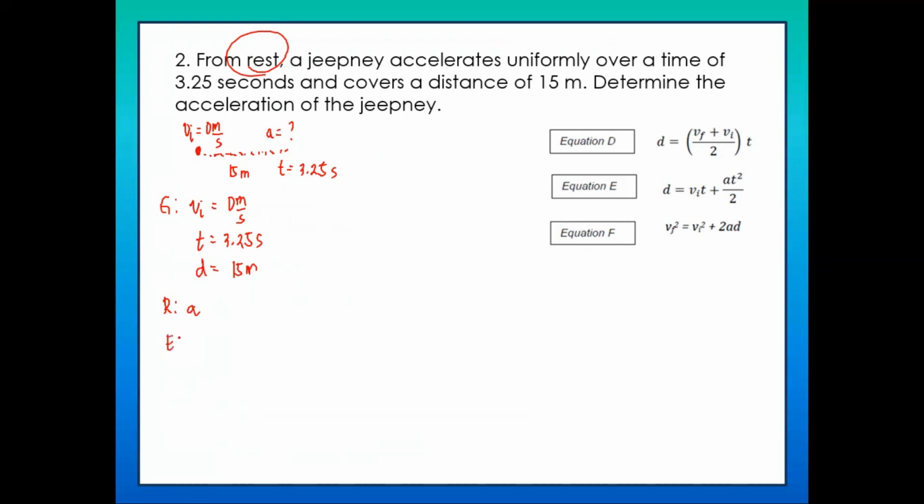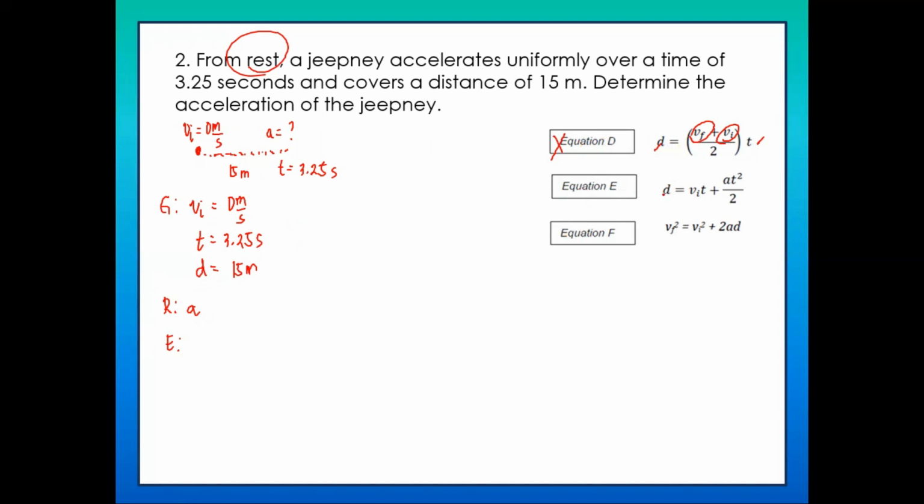Now, to identify which equation yung gagamitin natin, again, look tayo sa ating given as well as sa required variable. Gagamitin ba natin sa equation D? Check natin. So, may D naman tayo na variable, may time, walang V sub F, pero may V sub I. So, we cannot use this one. So, equation E gagamitin natin.